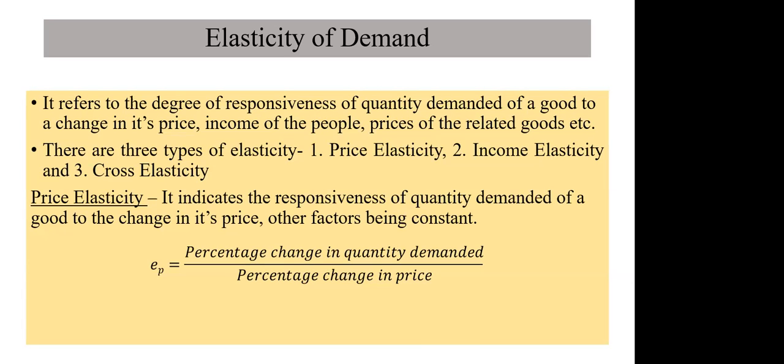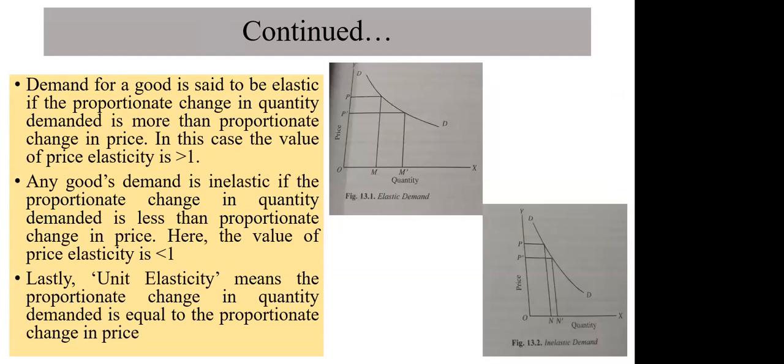So EP, which is the coefficient of price elasticity, is a ratio between percentage change or proportionate change in quantity demanded divided by percentage change or proportionate change in the price of that particular good. Now, demand for a good can be elastic, inelastic, relatively elastic, perfectly elastic. There are 5 types. We'll discuss about it.